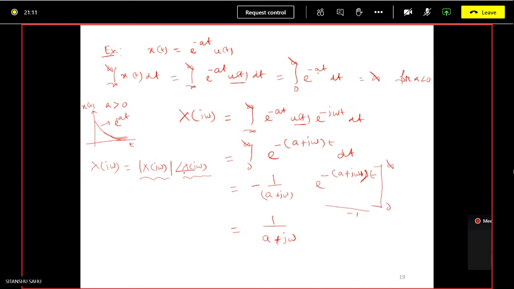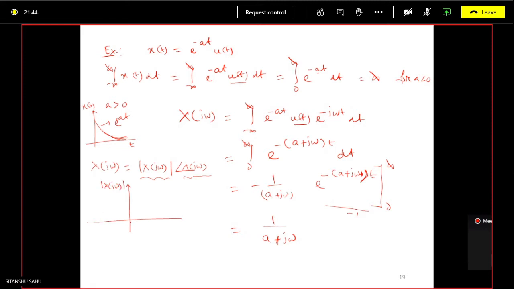Now let us look at how the magnitude spectrum looks. This is the mod of x of j omega, which is 1 upon mod of a plus j omega. If you plot this, it will be mod of x of j omega.